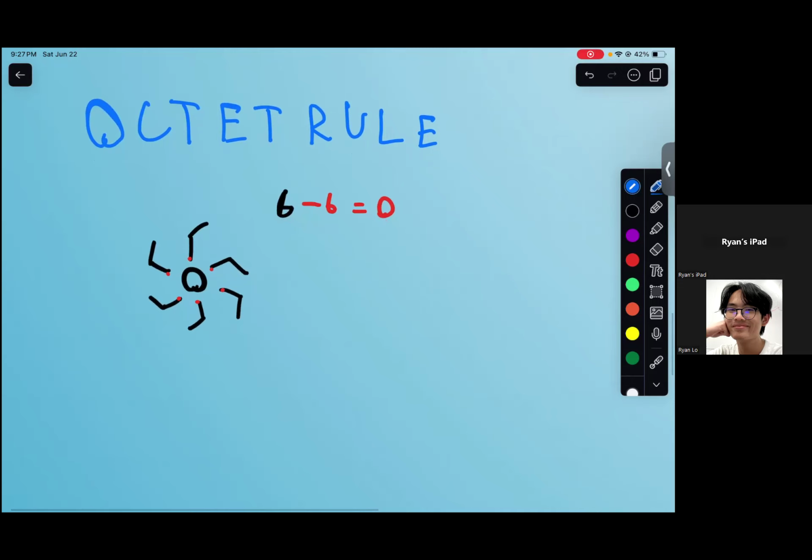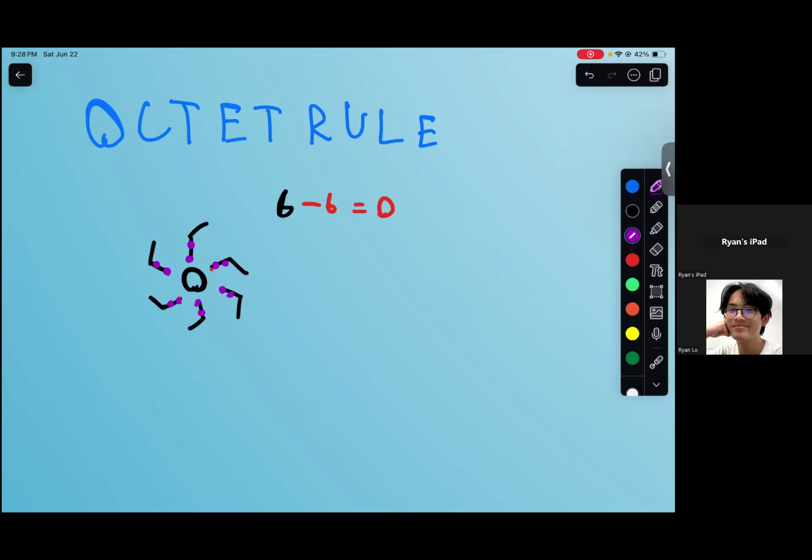So this is a bit of an extreme example, but essentially, to check if something has violated the octet rule, you have to count every single bond around it, all the electrons that are in the bonds around an atom. So instead of counting just 1, 2, 3, 4, 5, 6 like I did here, I'm going to count 2 for each one, and I'll do this in purple. 1, 2, 3, 4, 5, 6, 7, 8, 9, 10, 11, 12.